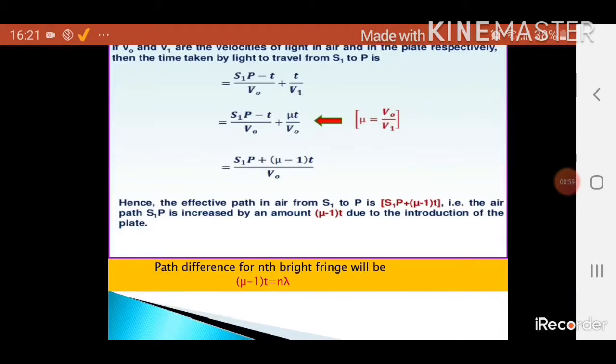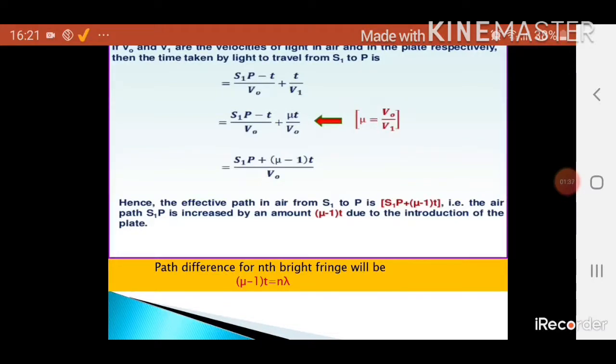Now this experiment is very important because it shows that light travels slowly in a medium whose refractive index is greater than 1, because for air we take refractive index equal to 1. If we use a medium whose refractive index is greater than that of air, that is if mu is greater than 1, then light will travel slower, because we have seen that the central fringe shifts towards the side where the transparent sheet is introduced.